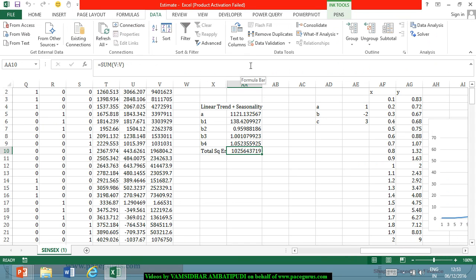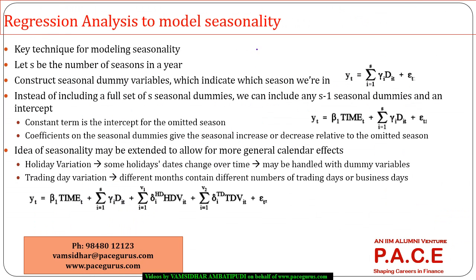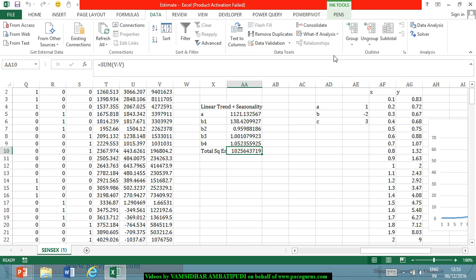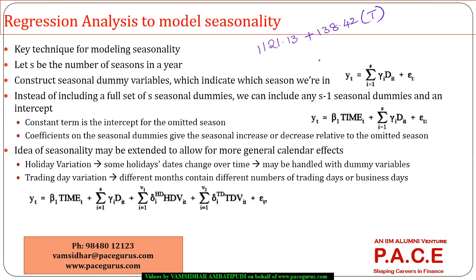If I have to include the seasonality, the model came out as 1121.13 plus 138.42 times the time, and you have 0.9598 times 1 if it is Q1, and we are having plus 1.00 times 1 if it is Q2, plus 1.05 times 1 if it is Q3, and so on.